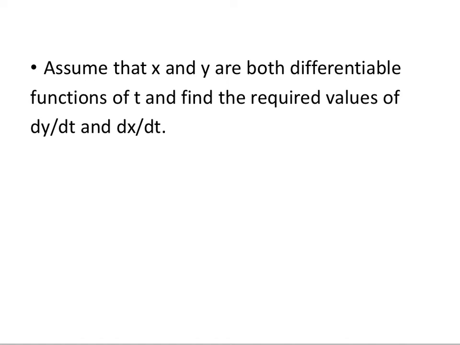Just like in section 2.5, where every time you differentiated y, you had to use the chain rule and put dy/dx. Since we're going to be differentiating with respect to t instead of with respect to x, we're going to have to use the chain rule every time we differentiate x and y.